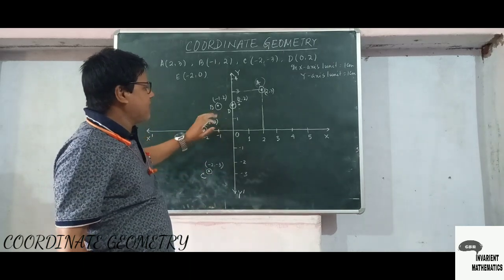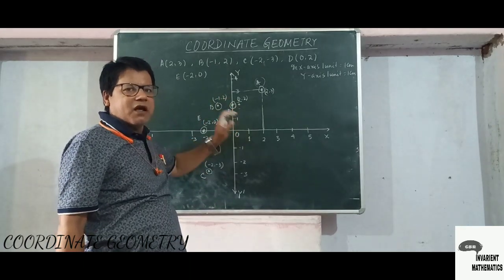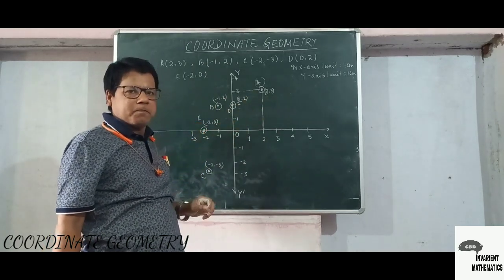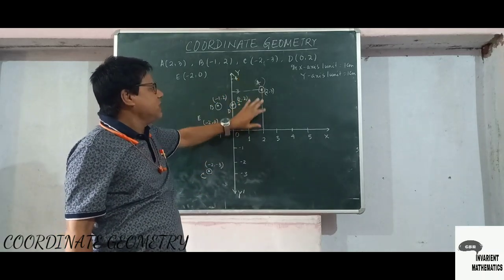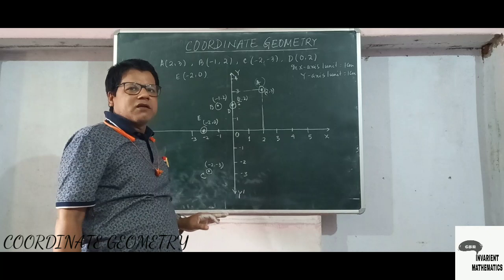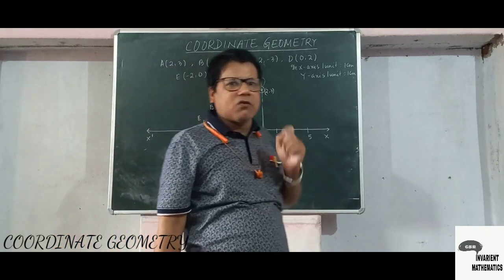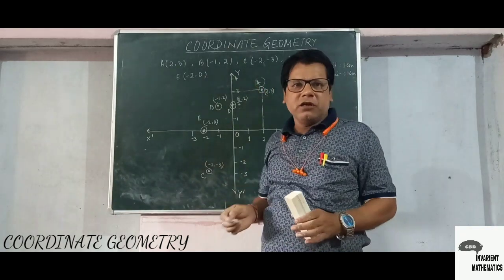Then how do we find the coordinates of the points from a given figure or graph? Then how do we locate the points on a graph sheet? This is all according to your syllabus. This is the chapter Coordinate Geometry.